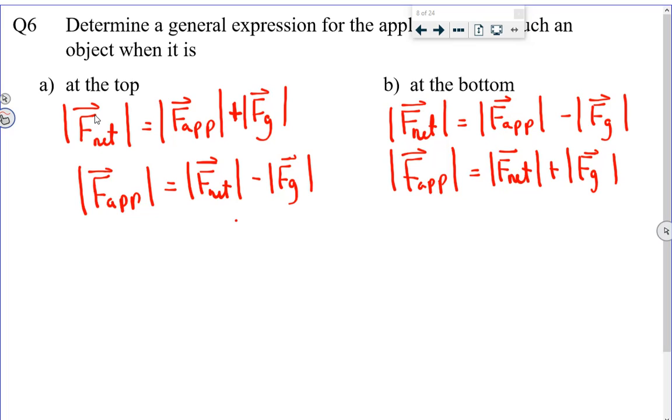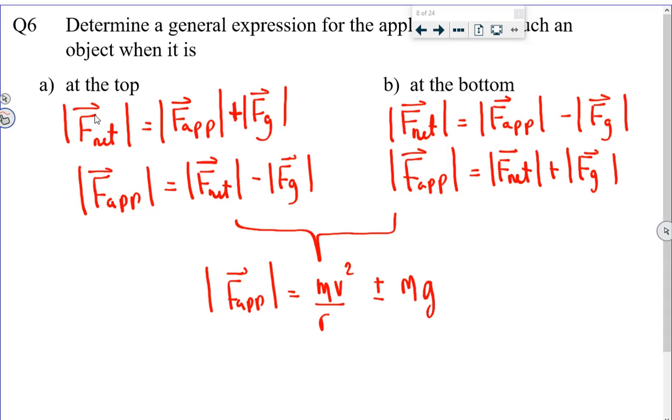I guess we can put these two together and say the following: the applied force will always have a magnitude equal to mv squared over r plus or minus mg, depending on whether it's at the top or the bottom. If it's at the top, and this is where some common sense comes in, you're going to subtract the two, because you should know that the applied force at the top is less.